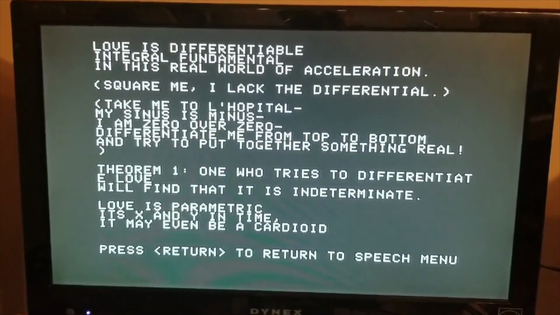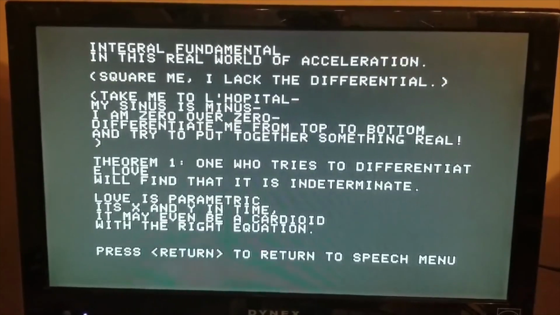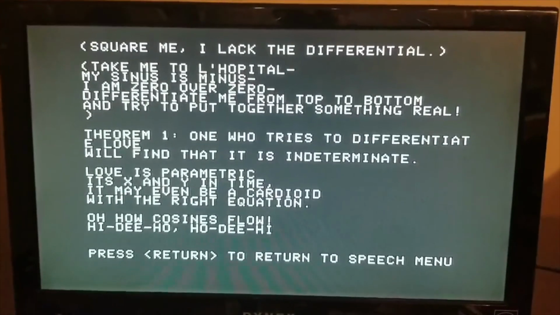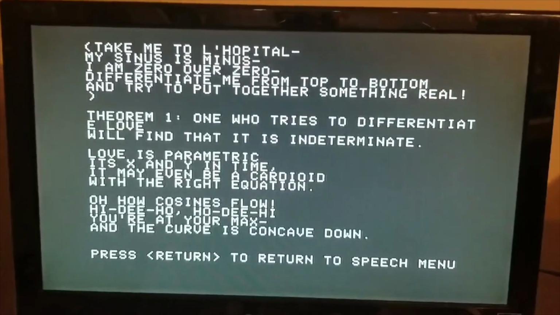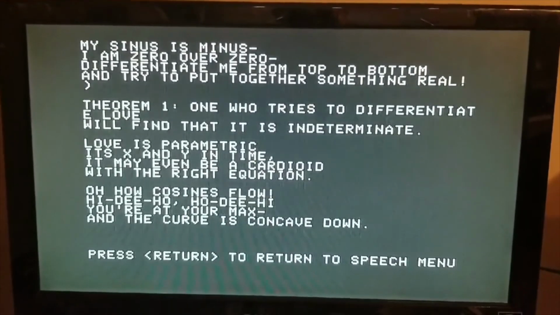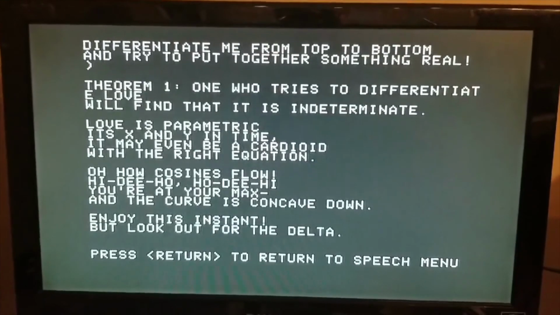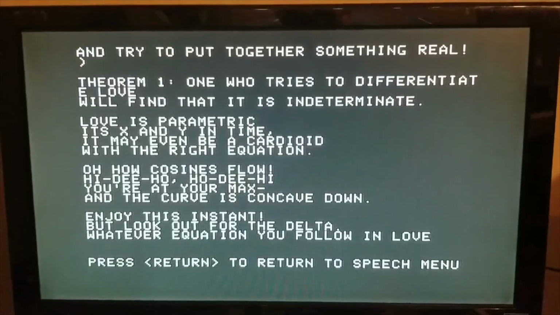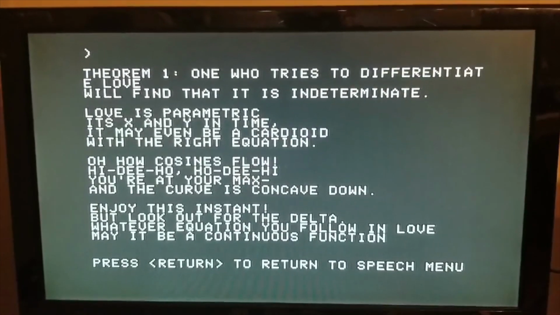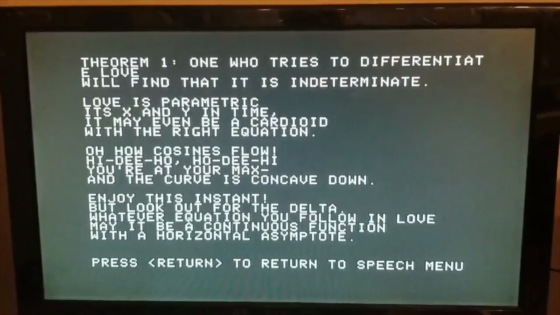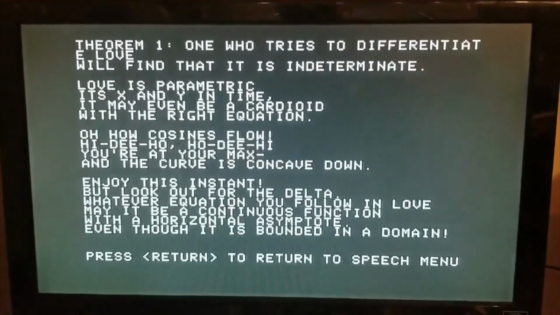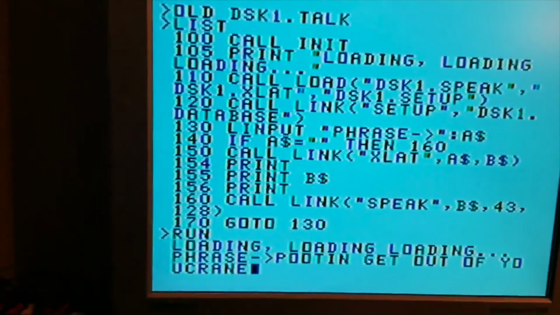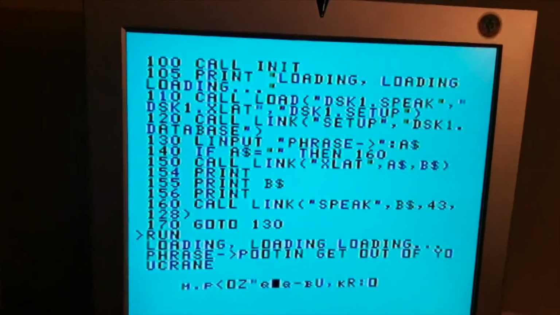It may even be a paraboloid with a right equation. Oh how cosine is slow. Phi d rho d phi. You react your max. And the curve is concave down. Enjoy this instant. But look out for the delta. Whatever equation you follow in love, may it be a continuous function with a horizontal asymptote, even though it is bounded in a domain. Who can get out of Ukraine?